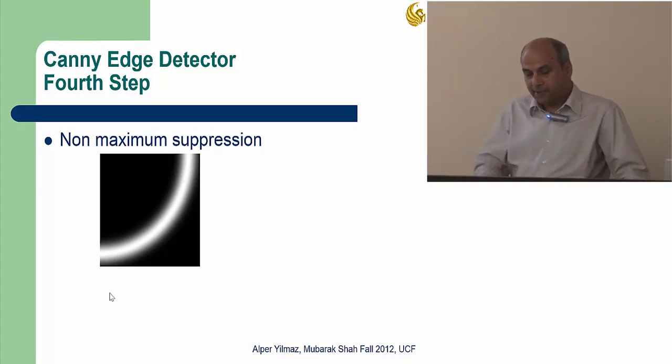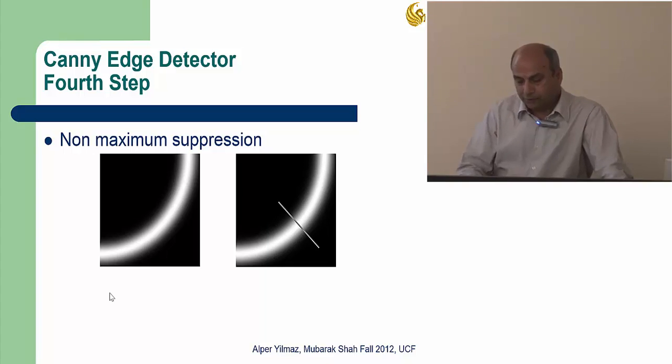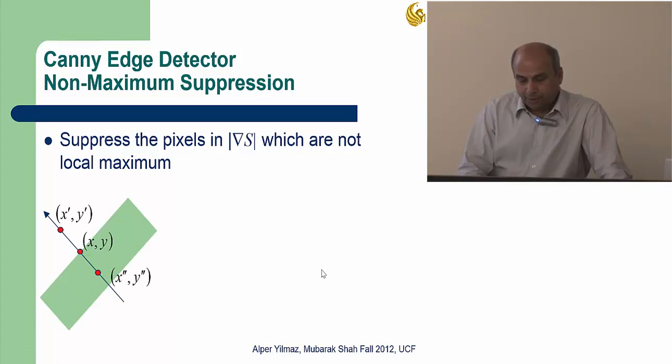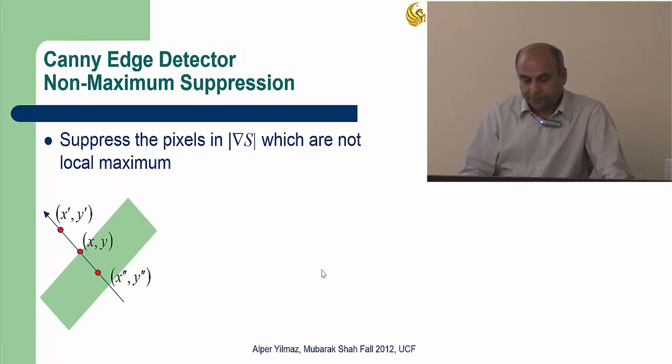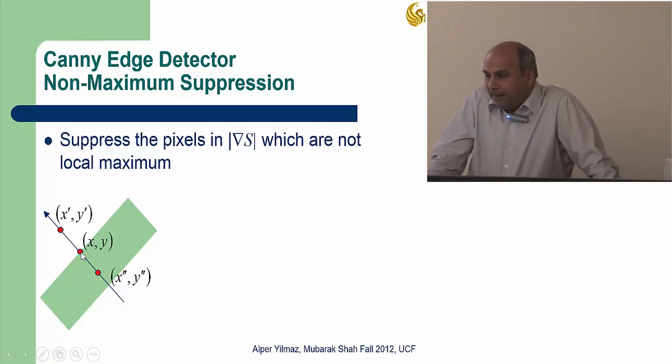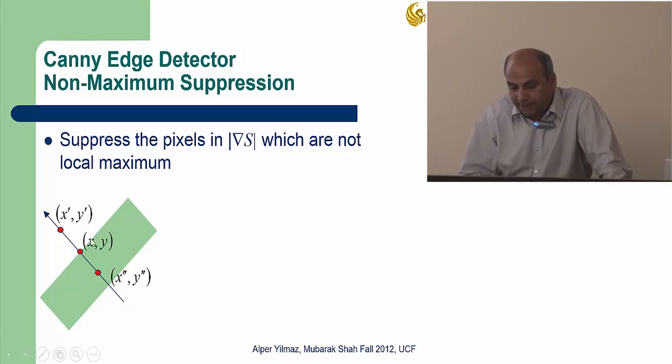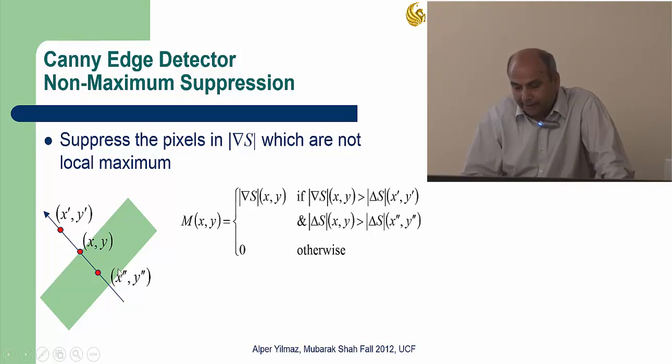Okay, so let's say this is an image, and we look in the direction perpendicular to the edge, which is here, as shown. We want to decide whether we should maintain this pixel or suppress it. So we compare the gradient at this pixel with this one and with this one.